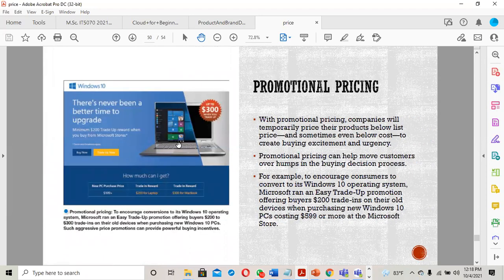Promotional pricing, I think this is quite straightforward. This is a temporarily reduced price, sometimes even below cost, to create buying excitement and urgency. For example, this happened when Microsoft was introducing Windows 10, because they wanted everybody to shift from Windows 8 or 8.1 to Windows 10.